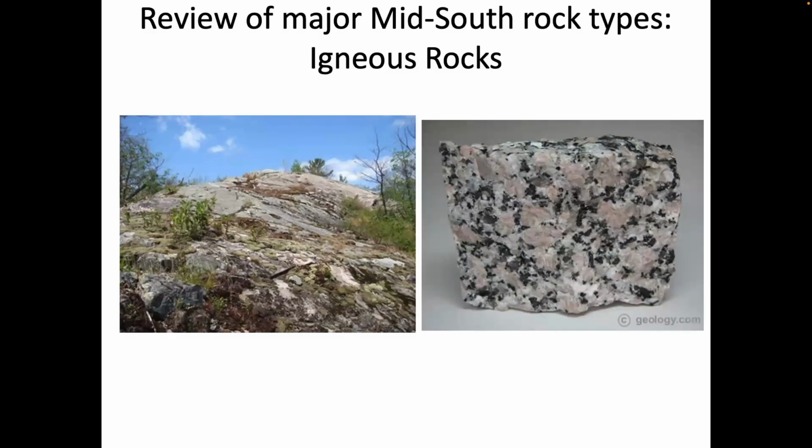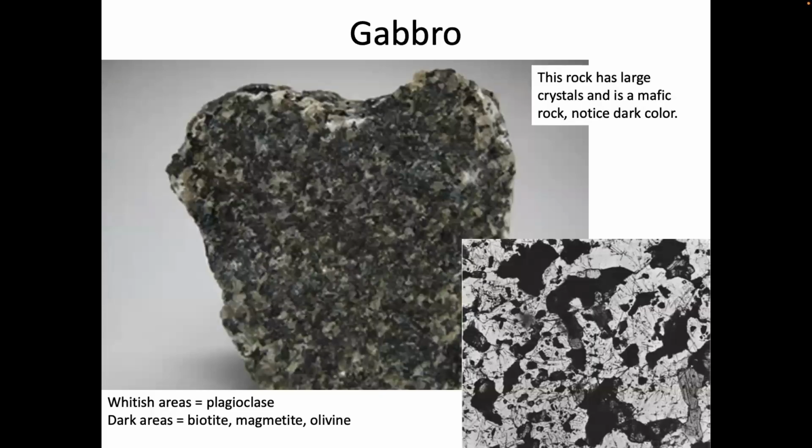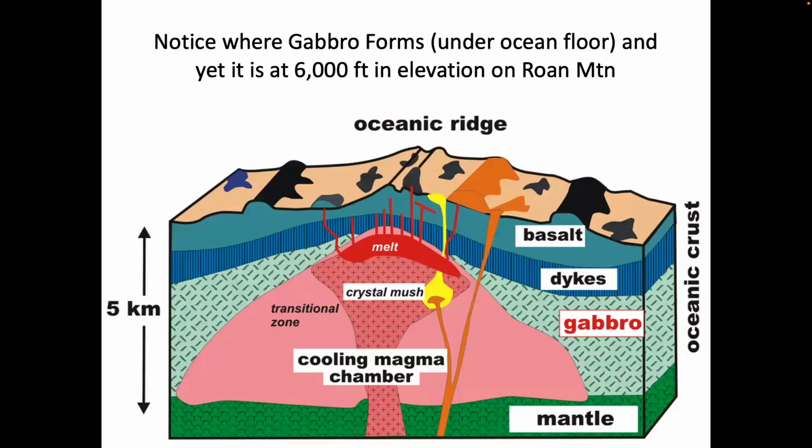What do they look like along the landscapes that you're going to be traveling in and working in? We already talked about granite. We've introduced gabbro. I'll come back and talk about these in more detail later. Again, gabbro forms underneath the ocean floor, yet it is up at the top of Roan Mountain at 6,000 feet along the Appalachian Trail.